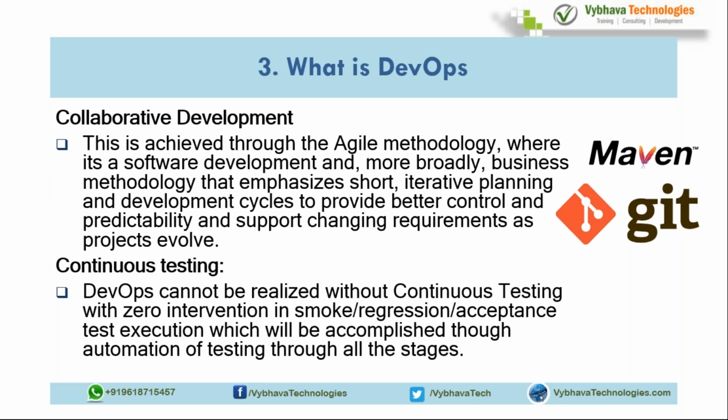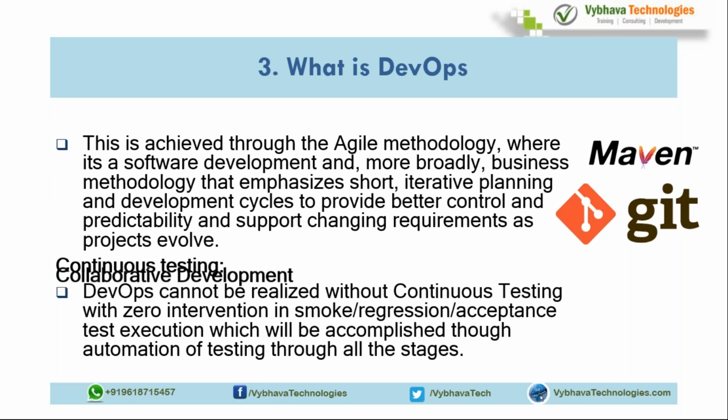The execution process is accomplished through test automation. For this we have a lot of tools and different frameworks. That is another complete, new area where people keep working on continuous testing.